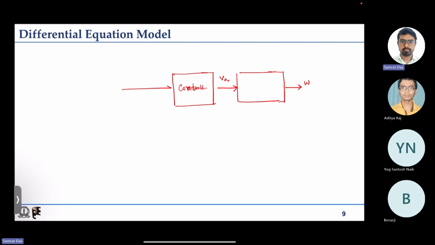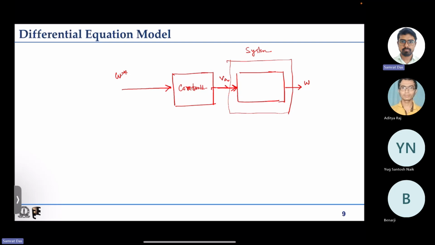You will tell the controller that I want this much speed. The controller will tell you to apply this much voltage, and finally you will get the speed. This is your physical system, and this is your controller. It may be implemented using analog electronics, or it can be implemented digitally, but it will tell you to apply this much voltage.